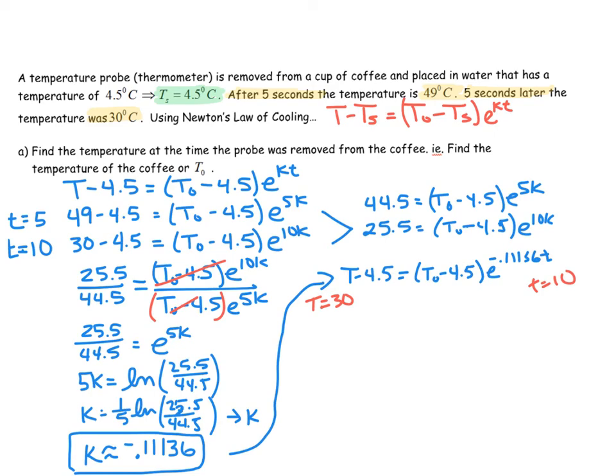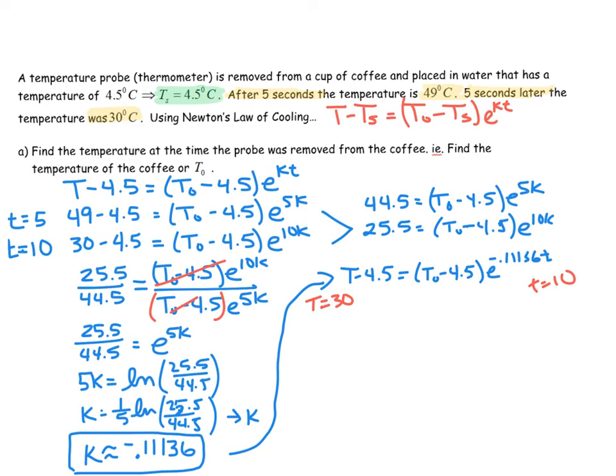So we know that when the time is 10 seconds, t equals 10, we can plug 10 in for this t here, and we're going to plug 30 in for capital T, the temperature of the object after 10 seconds. So we plug those two values in, and the only value then we won't have is this T sub 0, which is what we're looking for.